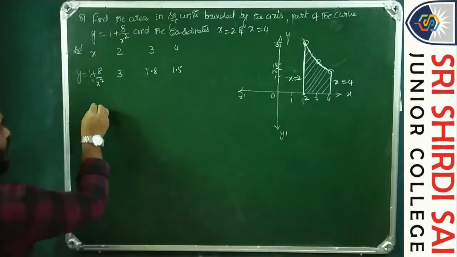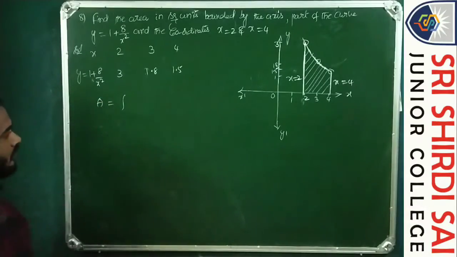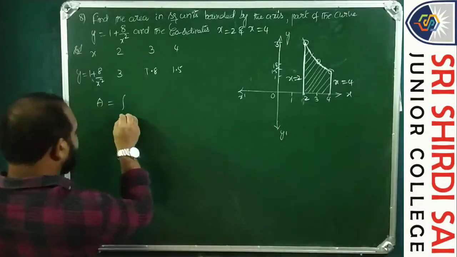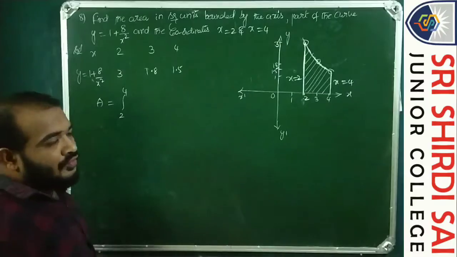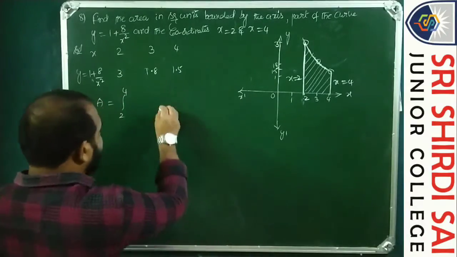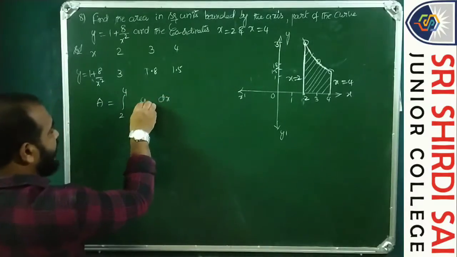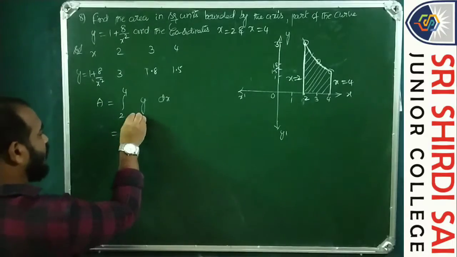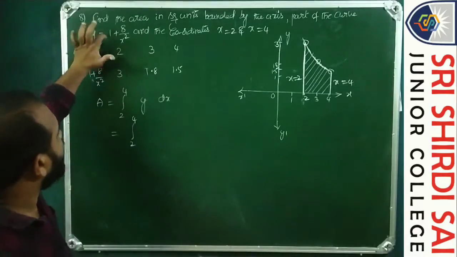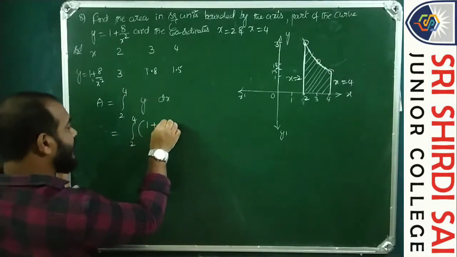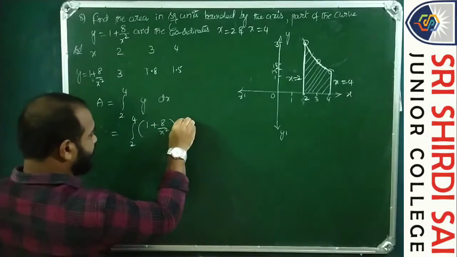So area A equals integral from 2 to 4. 2 to 4 are the limits of x. y dx, so 2 to 4 of 1 plus 8 by x square dx.